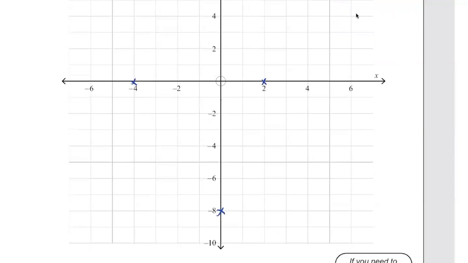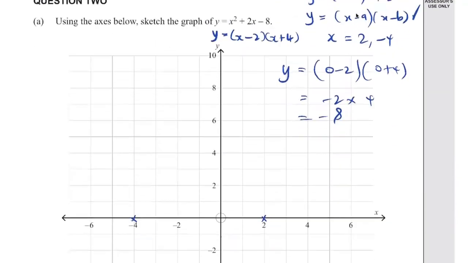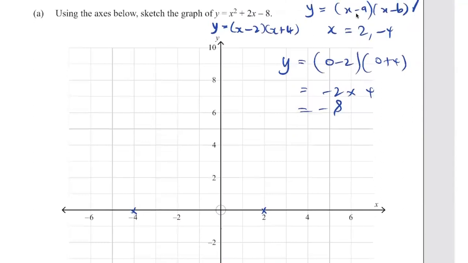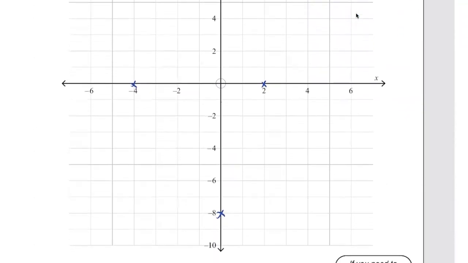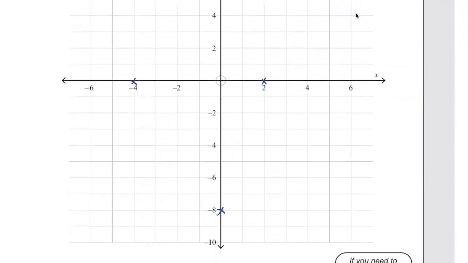So I've got x-intercepts, y-intercepts, and I'm looking now for where the vertex is. Well, the vertex must occur halfway between negative 4 and 2. So halfway between negative 4 and 2 is here at x equals negative 1.